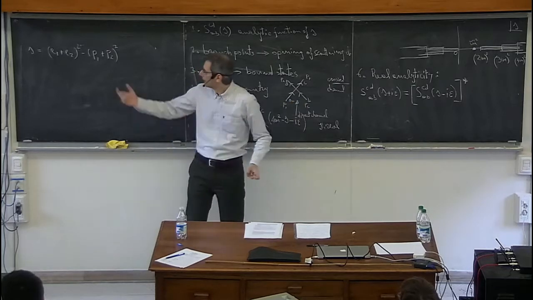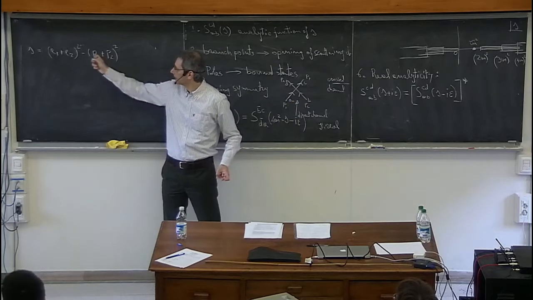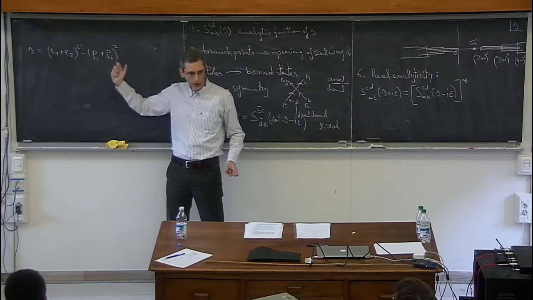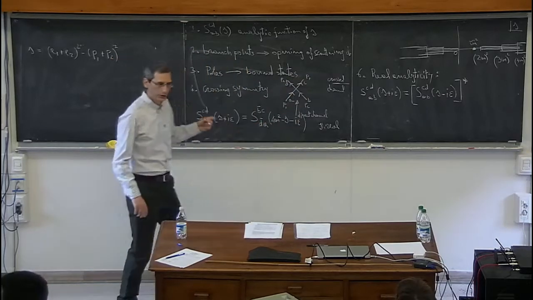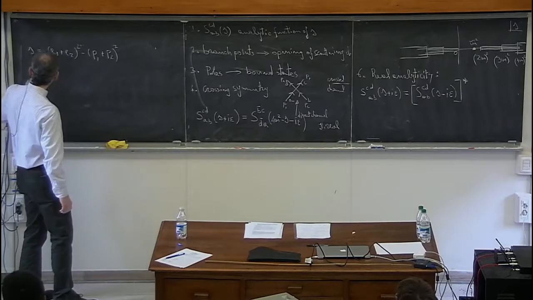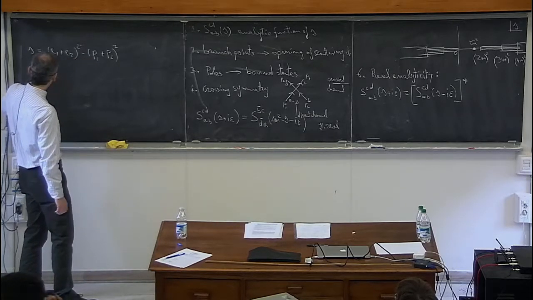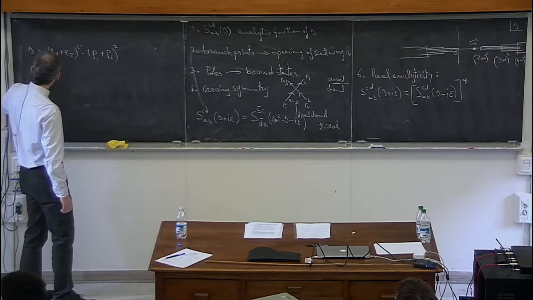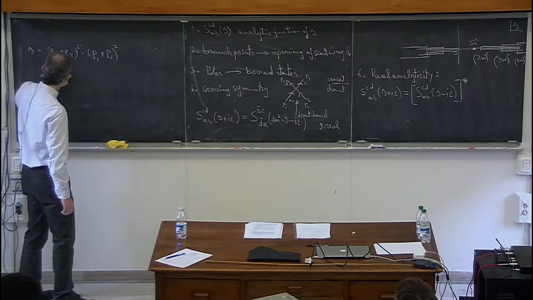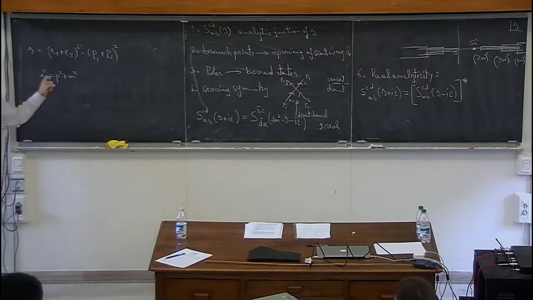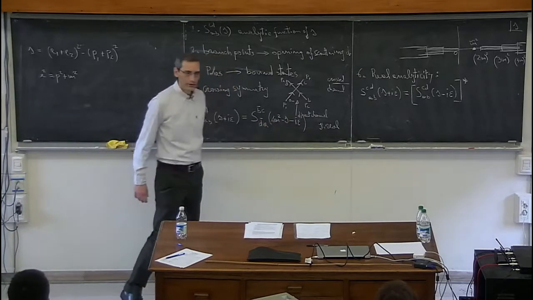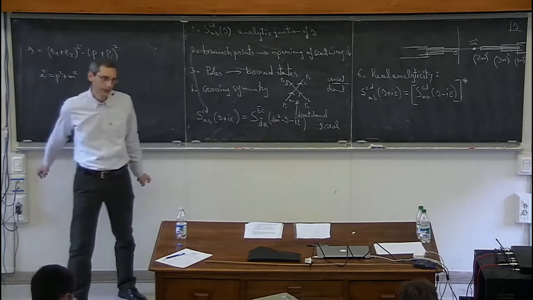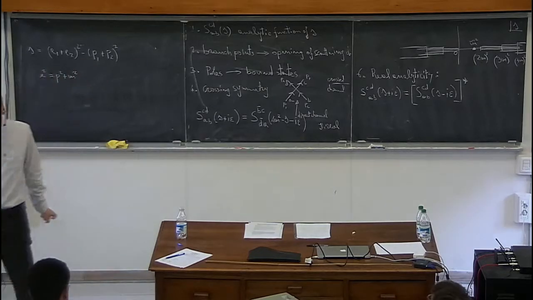And this, if you do this exercise, is going to change. Remember, you also have to use the condition that for each particle, E squared equals P squared plus m squared. If you use this, you will find this new argument for the crossed amplitude. It's a very direct computation.